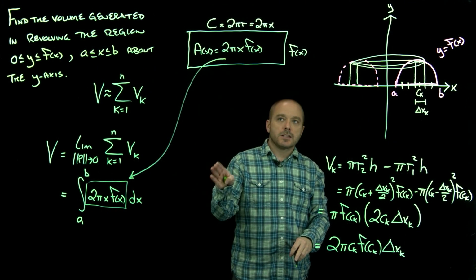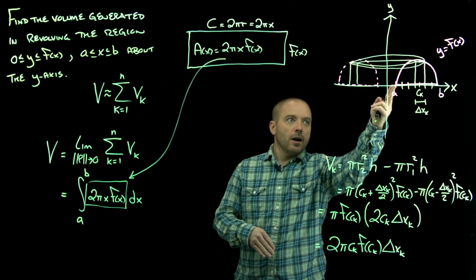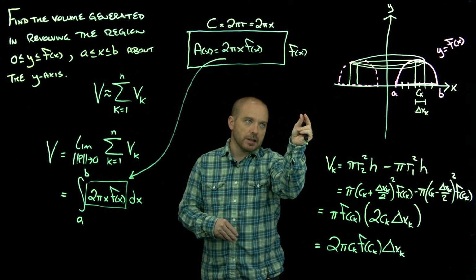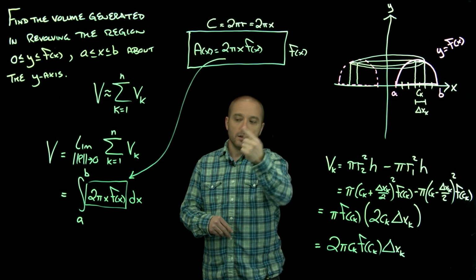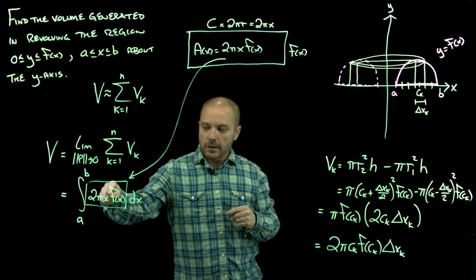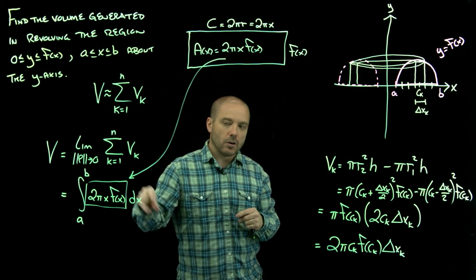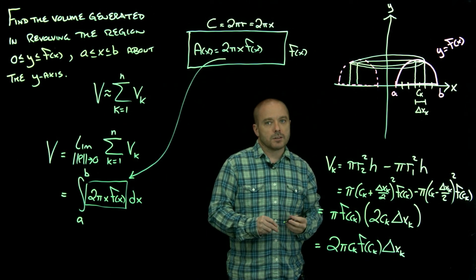So it's a different area. It's not the cross-sectional area, but it is the area of what these shells become as they become skinnier and skinnier and become just the wall of a right circular cylinder. So this is an area still, and you're summing up those areas to get a volume. It's just we've sliced the object in a different way than cross-sectionally.